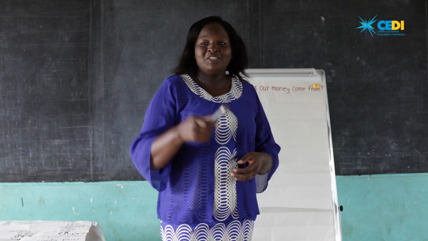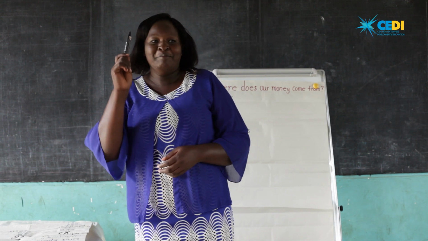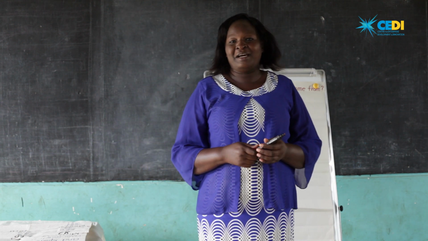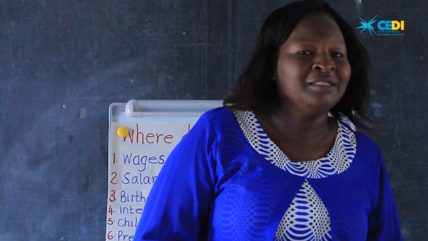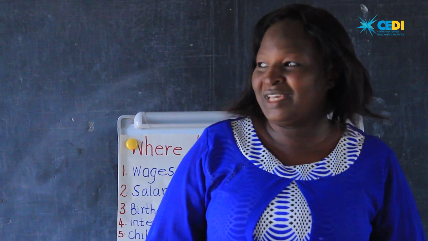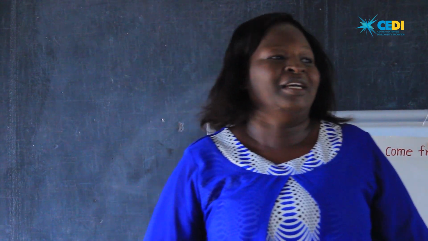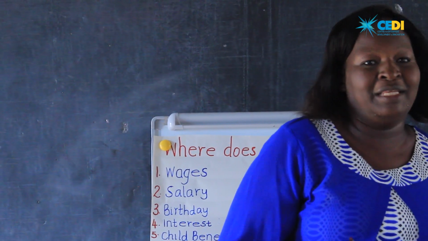Okay. Jane at the corner. Birthday presents. Yes, Violet? Okay. You have said your father goes to work and then at the end of the month, he earns some money.